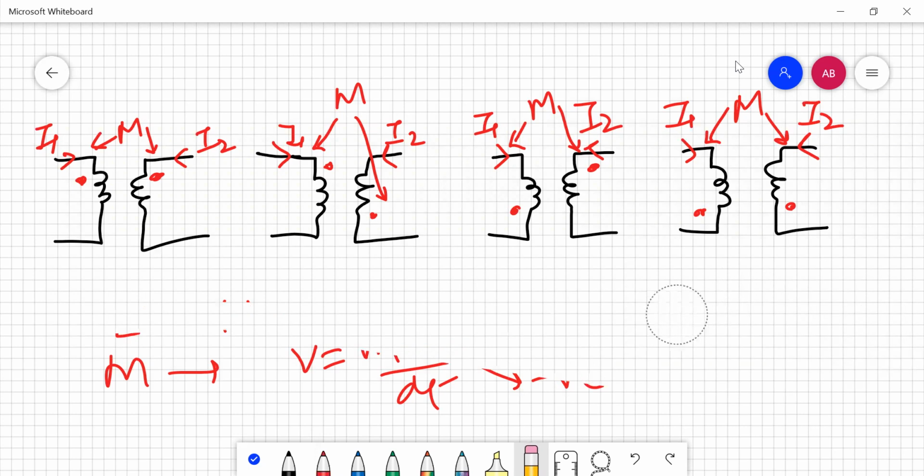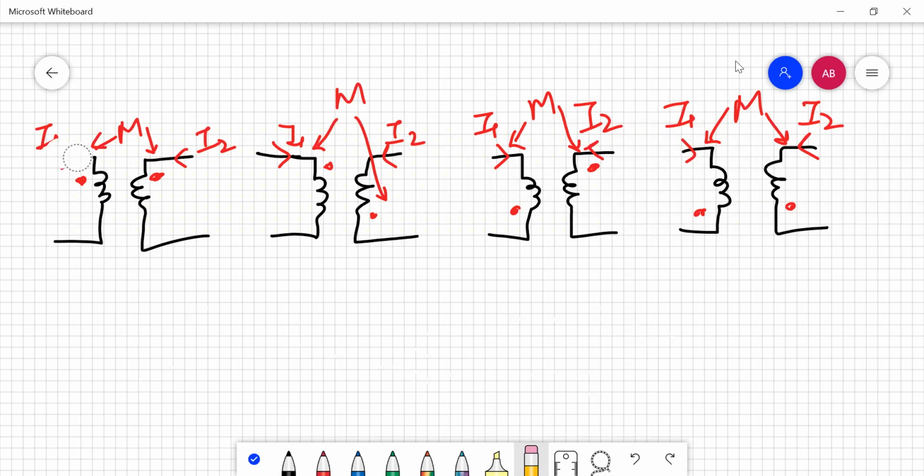So let's take 4 cases from which it will be clear to you what this dot convention is. The dot convention says that if the current enters or leaves at the dots, here you can see the current in this L1 coil as well as the L2 coil is entering at the dotted point.